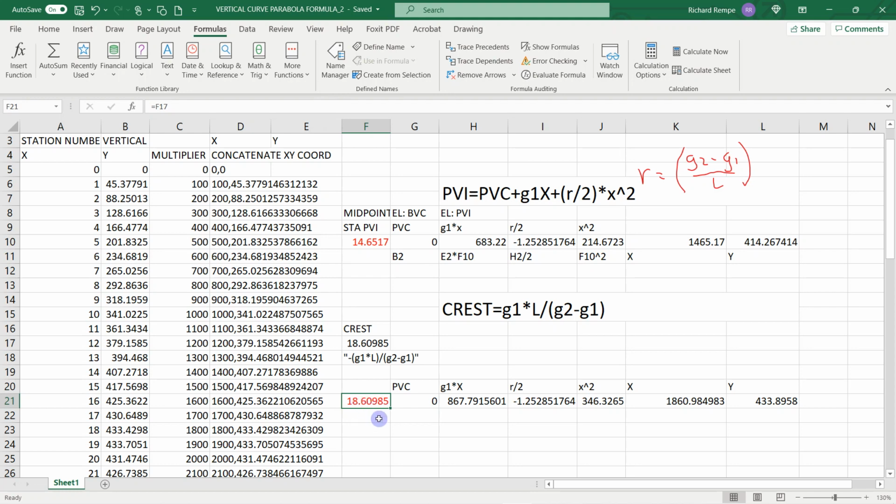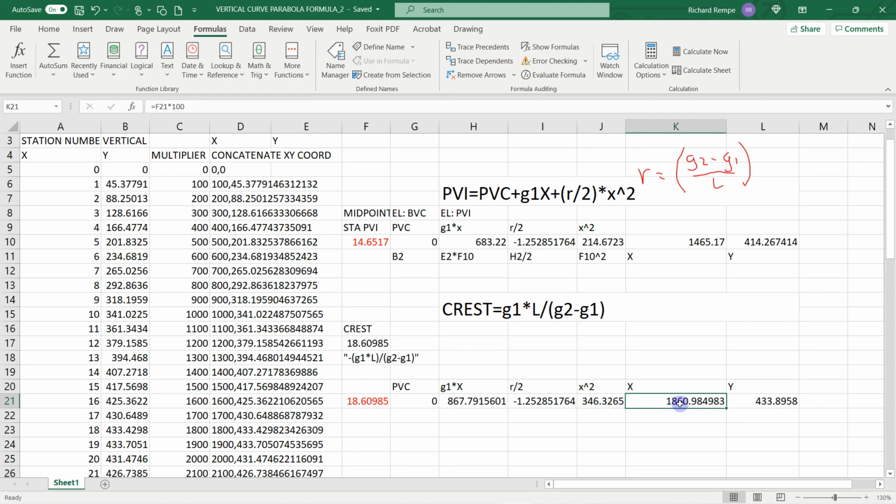That's our station, 18 plus 6098, right? And then what I did here is I just plugged that into this formula. That was the station, PVI, PVC, G1, and then X squared. It's just referring to this X squared, so that's the only thing that really changes here, just the X.